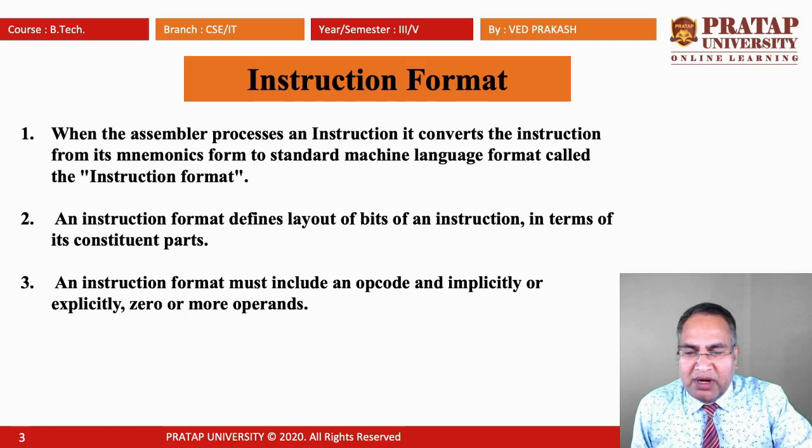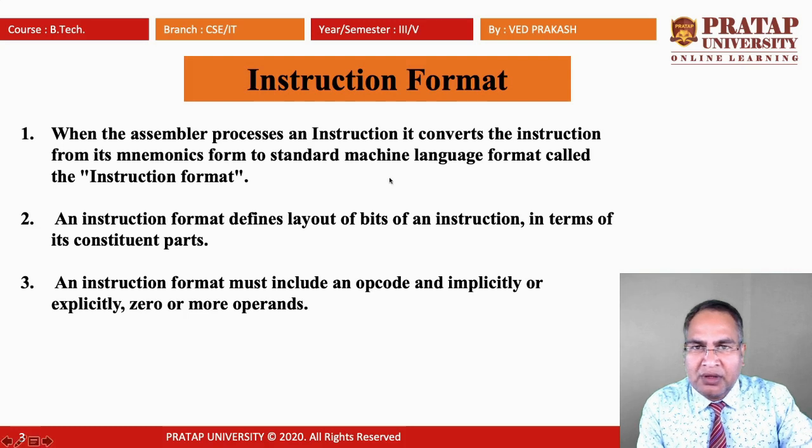An instruction format must include an opcode and, implicitly or explicitly, zero or more operands. So an instruction format is basically used to define a layout of bits used in an instruction.